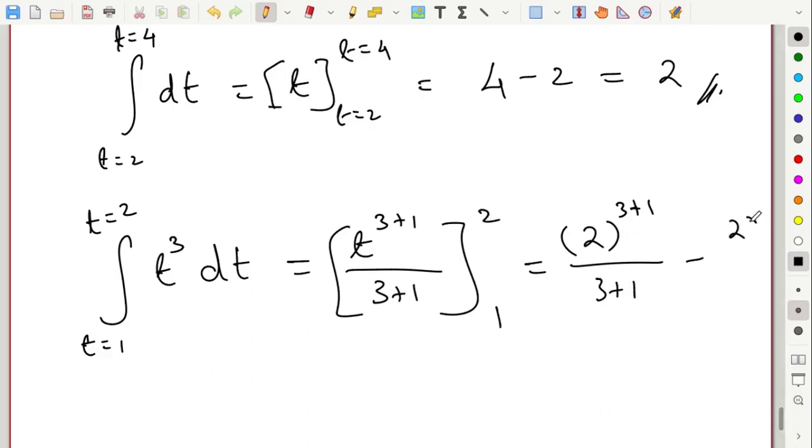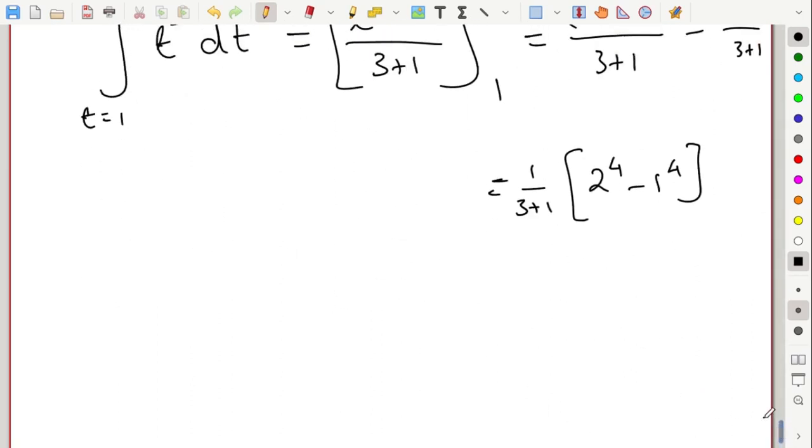Where t is, you have to put the lower limit. Then minus, 1 power 3 plus 1 divided by 3 plus 1. Okay, so here we can take 3 plus 1 out as common. We have 2 power 4 minus 1 power 4.